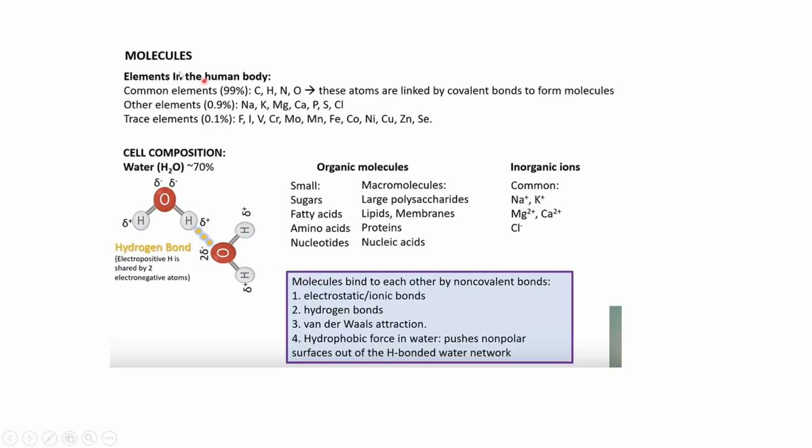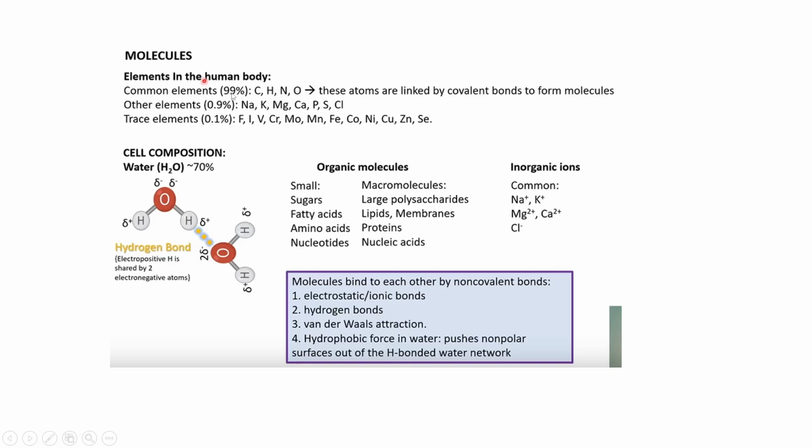So when we talk about the molecules, after that, in the molecule part, we discuss the various elements present inside the cell. Elements in the human body generally constitute carbon, hydrogen, nitrogen, and oxygen. So these four elements make up 99% of the elements in the human body.